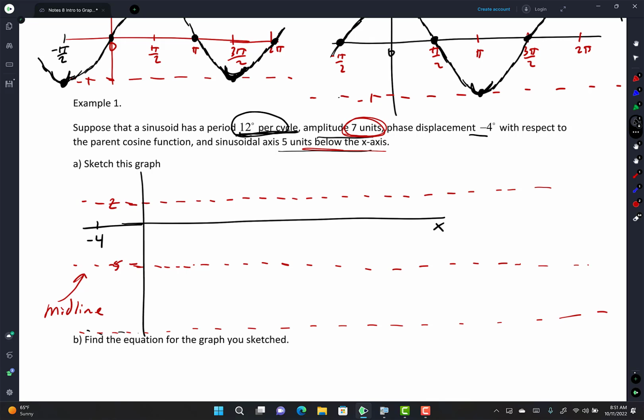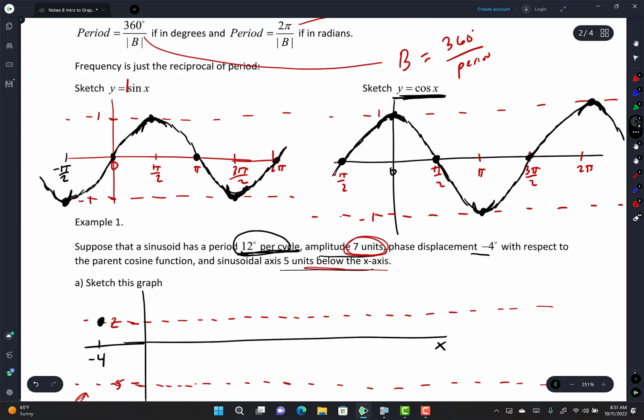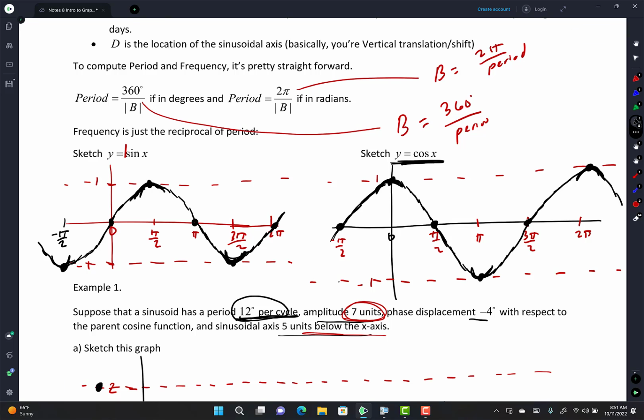So I have a peak at -4. Put a point at -4. Does everyone know why I got a peak at -4? Because it told me that I have a phase displacement of -4, and I'm using the cosine. The cosine has a peak on the y-axis, so I move that 4 to the left. Does that make sense, guys?